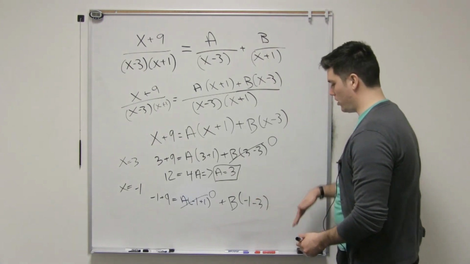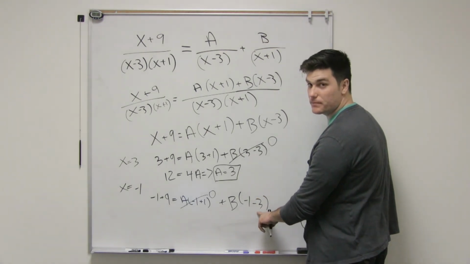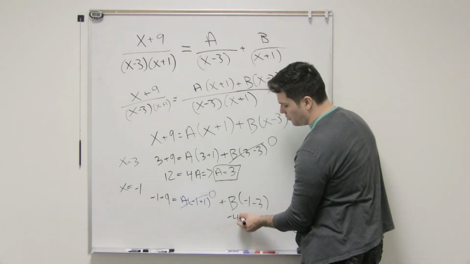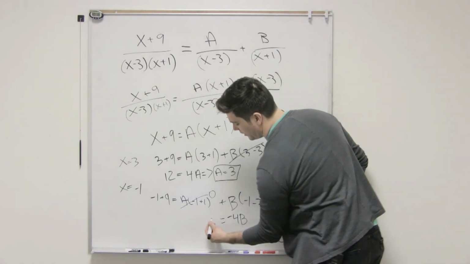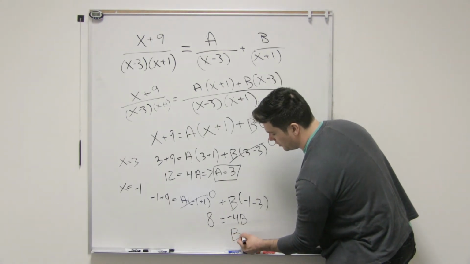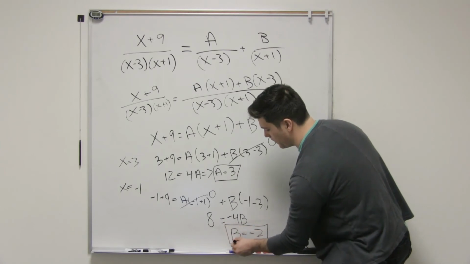I'm writing all wavy, I'm sorry, but -1 minus 3 is -4, so -4b is equal to -1 plus 9, that's 8, so b equals -2.